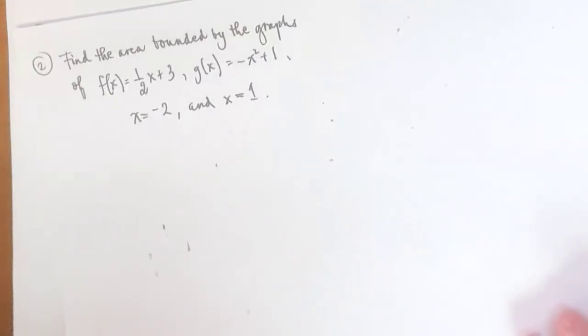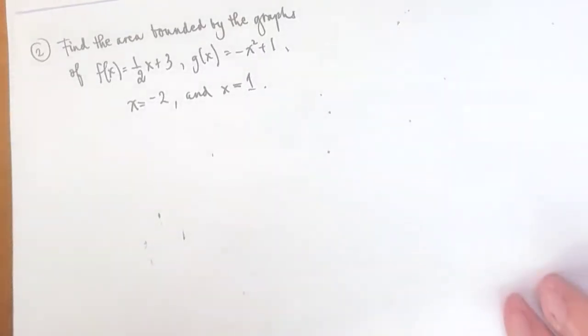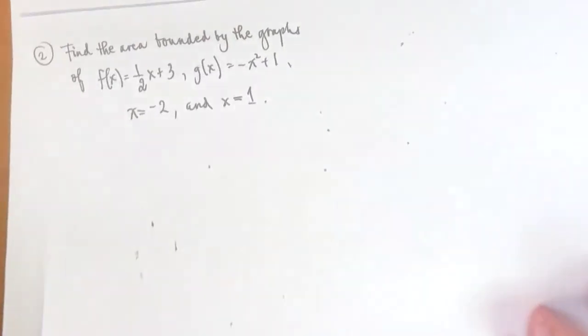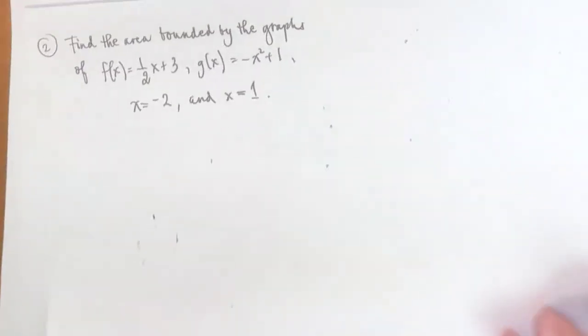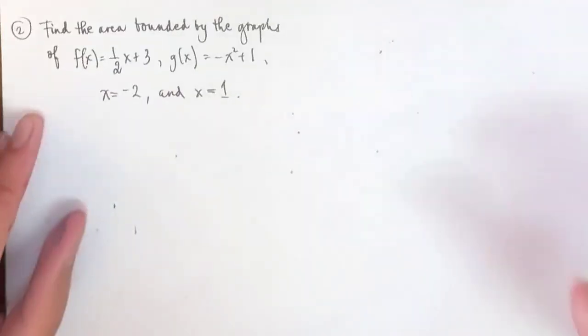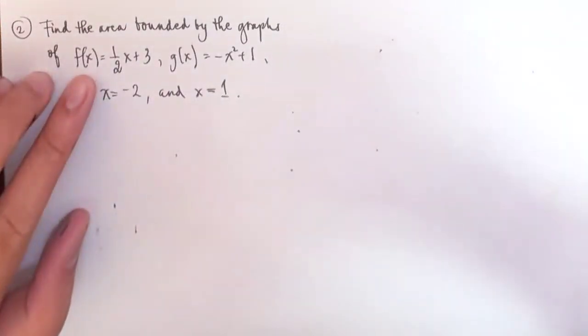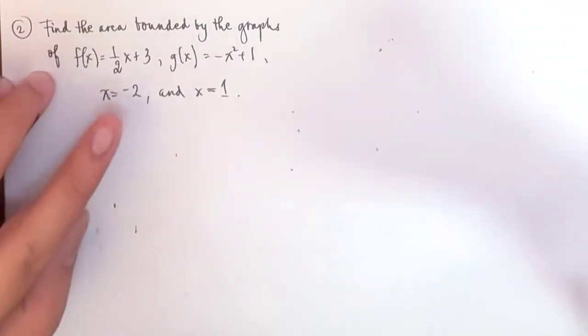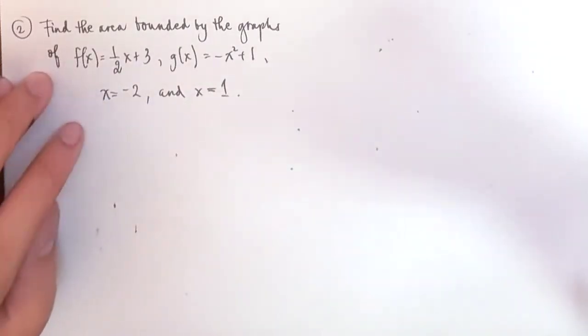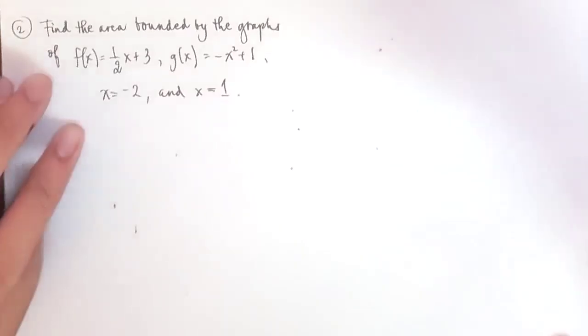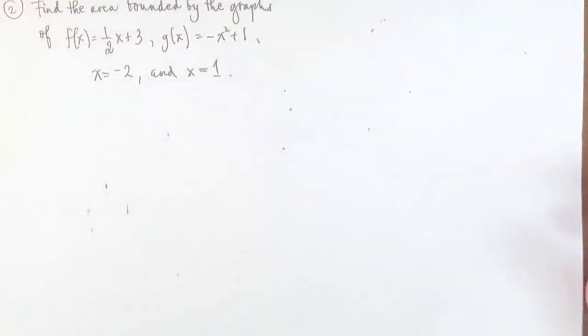So we have our next number. Now, we want to find the area bounded by these graphs right here, by f of x equals 1 half x plus 3, g of x equals negative x squared plus 1, x equals negative 2, and x equals 1. Right?